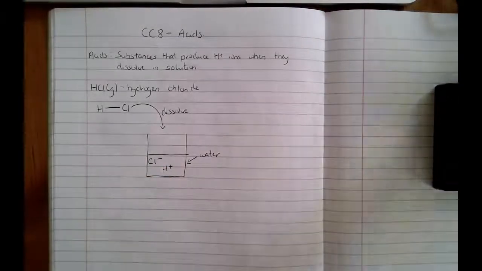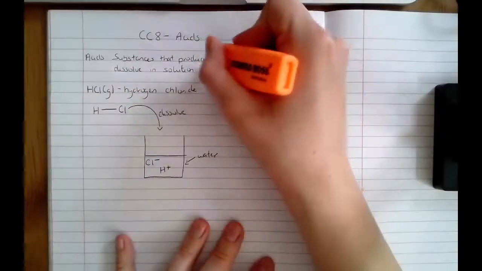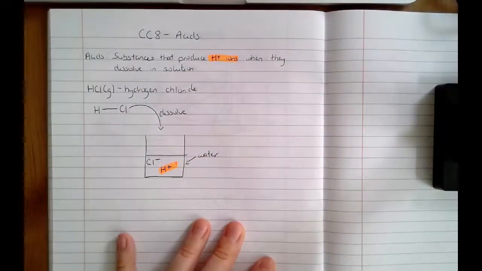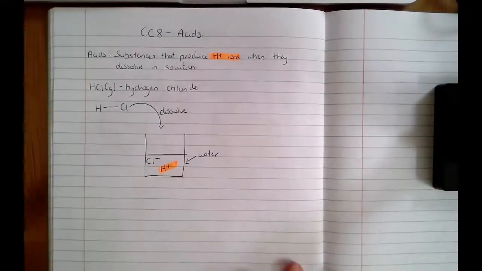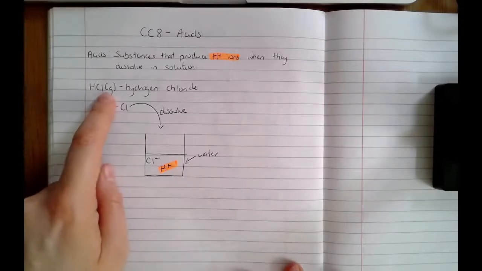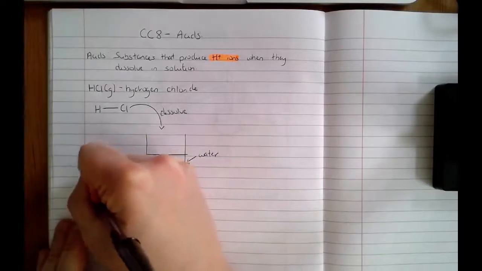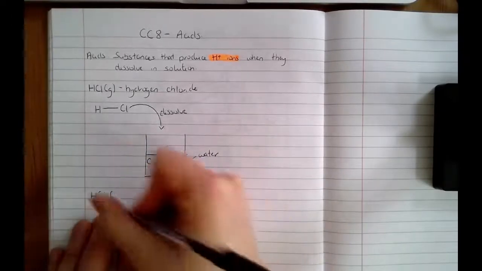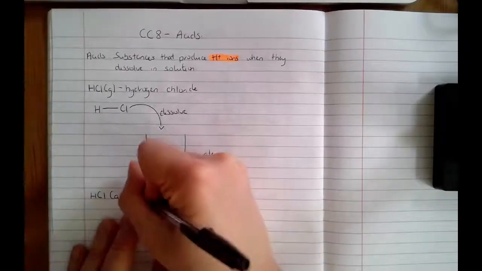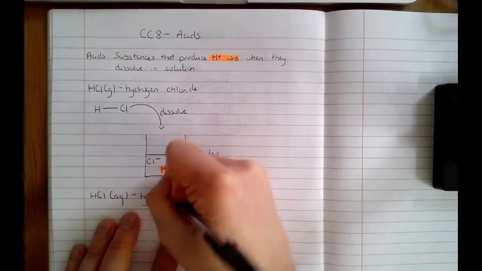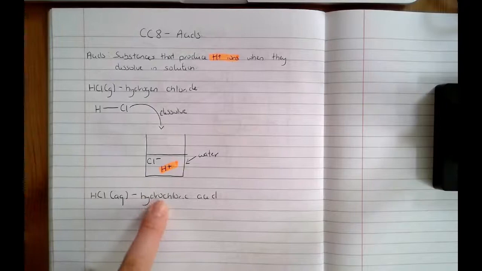If we look back to our definition of what an acid is, it's a substance that produces H+ ions when they dissolve in solution, which is exactly what has happened here. When HCl is a gas, we call it hydrogen chloride, but when HCl is dissolved in water, so I'm going to use the state symbol AQ, we don't call it hydrogen chloride anymore, we call it hydrochloric acid, because when it's dissolved in water, it is an acid.